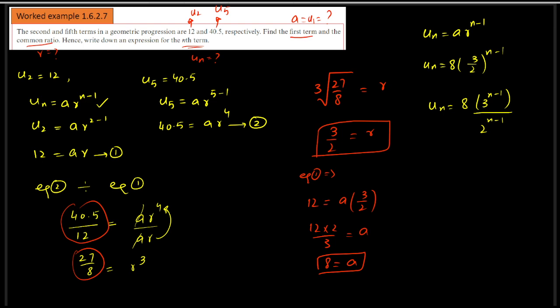Yeah, we can leave it in the previous step, meaning un is 8 times 3 over 2 raised to the power n minus 1. So this is required nth term.